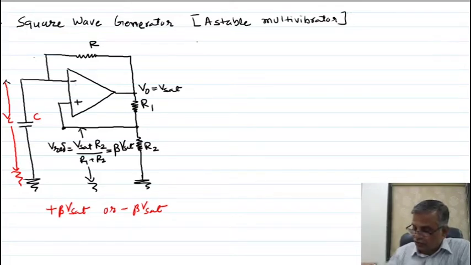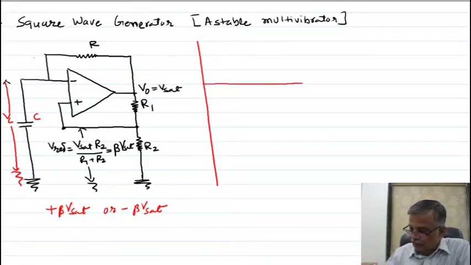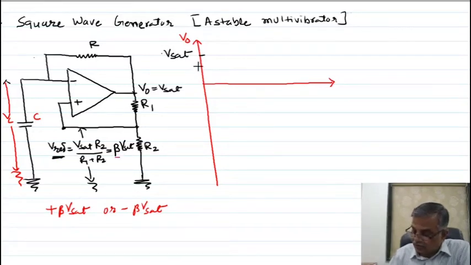Look here, I am showing you the waveform, how the waveform is generated. Suppose initially the output is positive, then I am showing you V saturated. Suppose initially at this point output is positive. So my reference voltage is also positive, and that reference voltage is beta V sat.